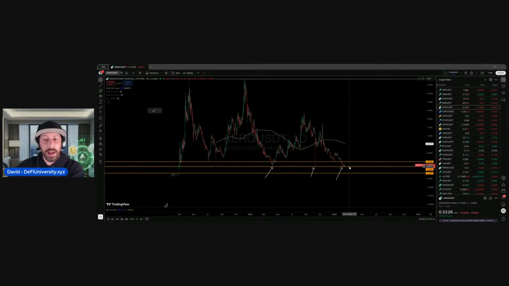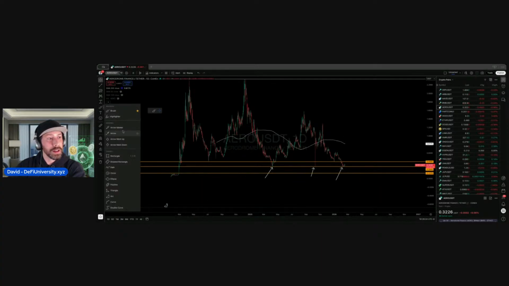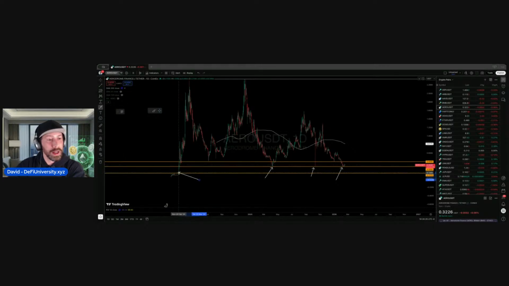So I think Arrow goes eventually to 12 cents. And I think it could slice down from 28 cents to 12 cents in a hurry, because look at this right here. This was straight up, so not a whole lot of volume there. You got one test of support, the second test, the third test.